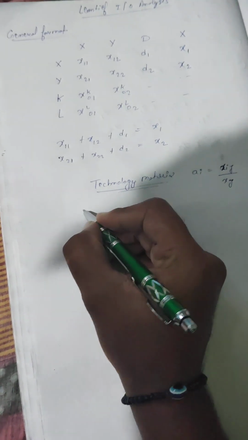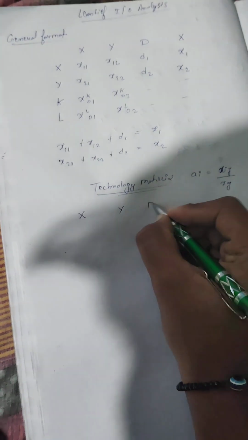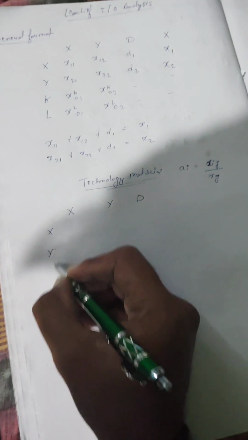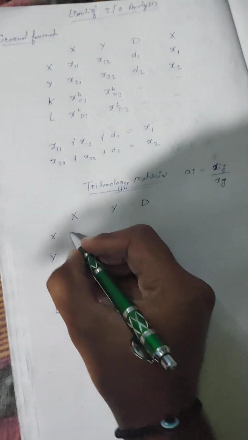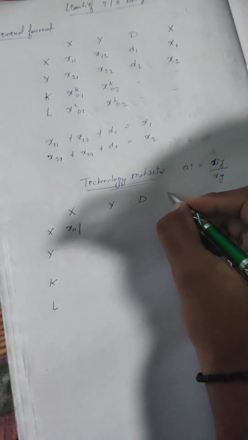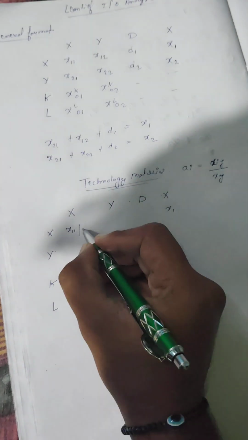So, we will write again X, Y, D and X, Y, K, L. So X11 divided by X1, since we have total production as X1, we will divide it by X1.